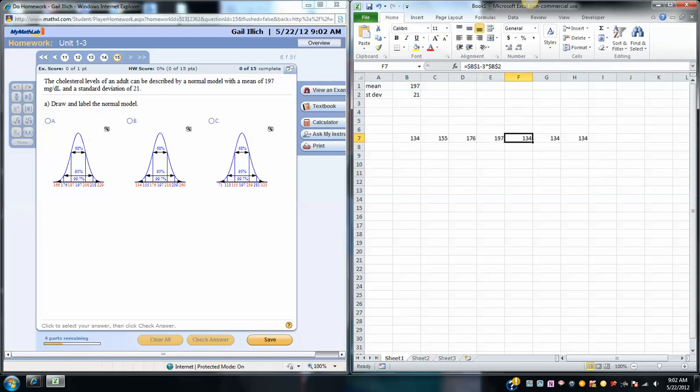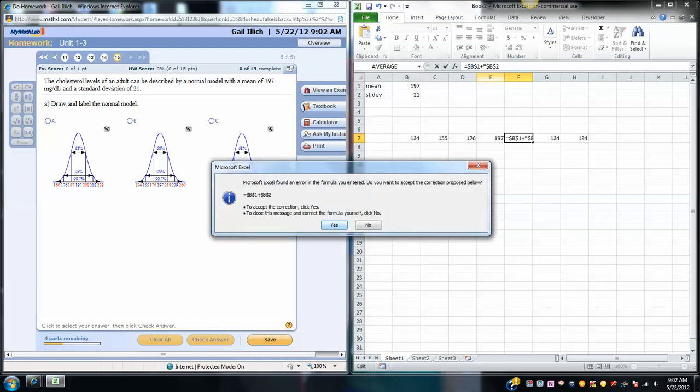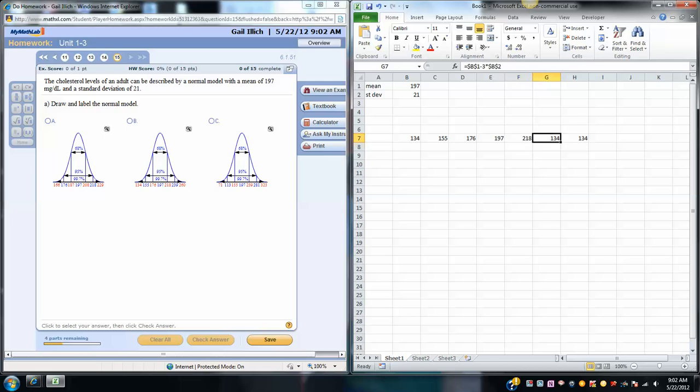Then this one is going to be plus 1 standard deviation, so I'll change that to a plus. Then this one is going to be plus 2, and finally this one will be plus 3.